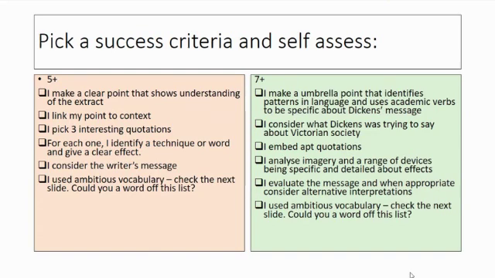Embed apt quotations, so appropriate quotations to answer the question and to back up your point. Analyse imagery and a range of devices, so lots of different techniques and zooms. Evaluate the message, so think about it from both sides. And again, use ambitious vocabulary.